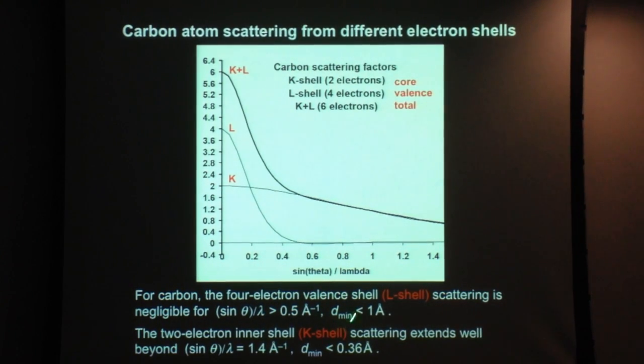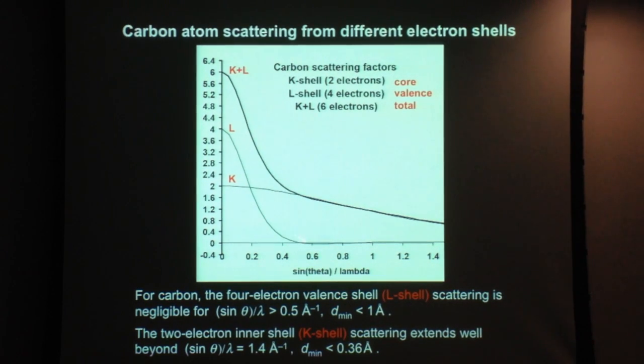So if we consider the situation for a minimum d-spacing of 1 angstrom, now this for protein crystallographers is a very high resolution. 1 angstrom is great if you can get it, and you seldom can. But that would correspond to our d-min, sine theta over lambda out here at 0.5.